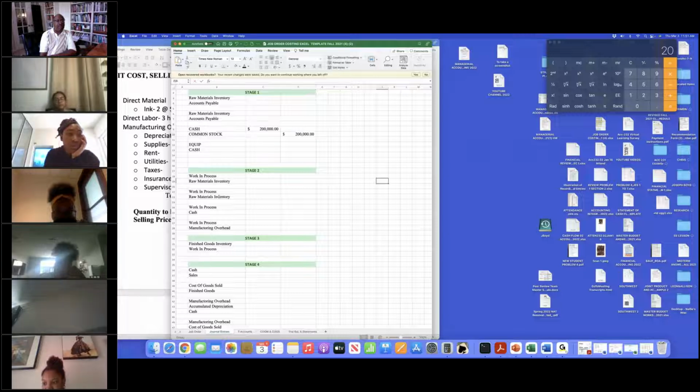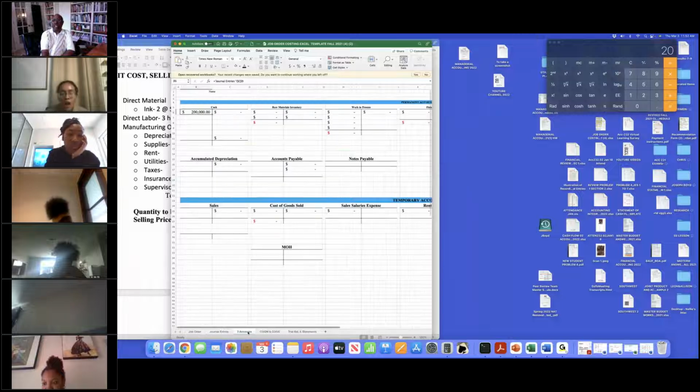Oh, okay. But when I go back to my T account, see the 200,000 is in there. So all of you should have done a Control C to copy it, and then pasted it with the paste link so that when you changed it.